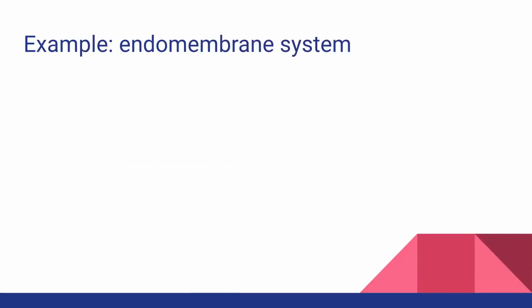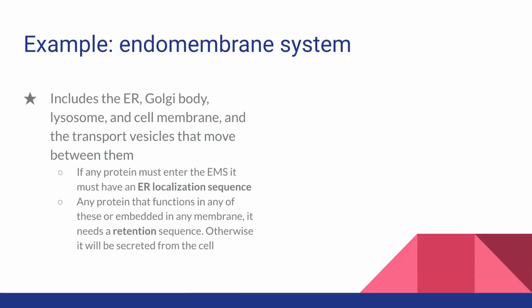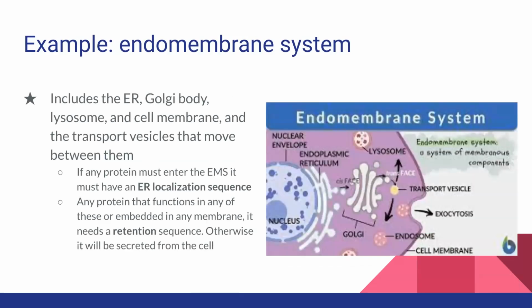The endomembrane system includes the ER, Golgi body, lysosome, cell membrane, and the transport vesicles that move between these structures. If any protein has to enter the endomembrane system, it has to have an ER localization sequence. If it has this ER localization sequence, which will be on the N terminus, it'll enter the ER first, and then that sequence is going to be cleaved once it's in there.